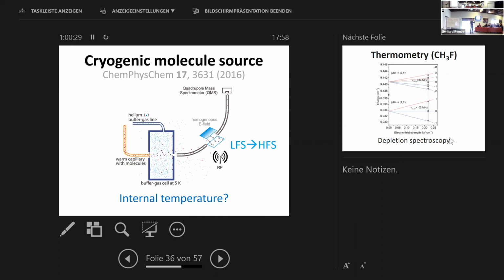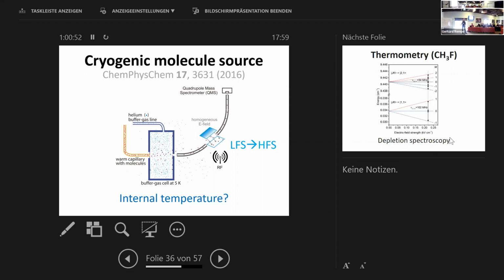We can address certain radio frequencies at a certain electric field, drive molecules from one low field seeking state into a high field seeking state, and see how much the signal drops. Then we probe different states, and from that we can determine the state distribution and the temperature.